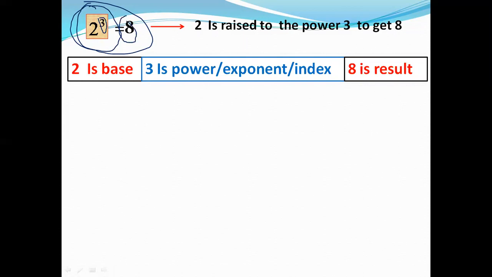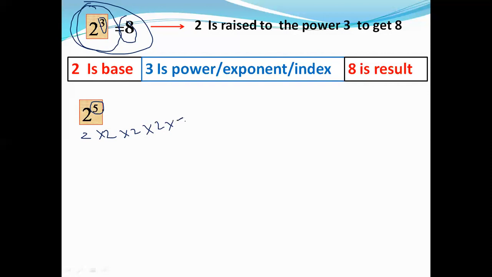And I take one more exponential form, 2 power 5. What is 2 power 5? Here we multiply 2 by itself for 5 times. That means 2 into 2 into 2 into 2 into 2.